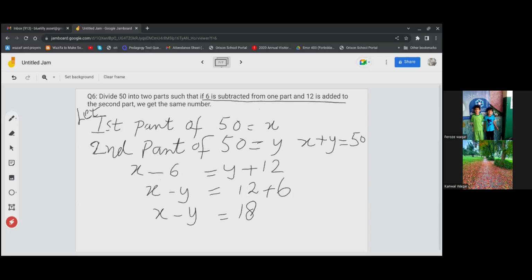We keep these two equations, and we say this is the first equation and this is the second equation. In both equations, we have x and x, y and y, but the sign is different. In equation number 1 there is a plus sign, in equation number 2 there is a minus sign. So how can we solve it?